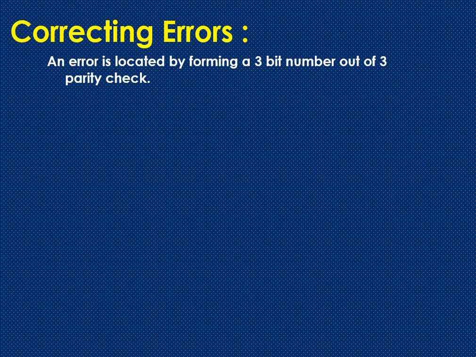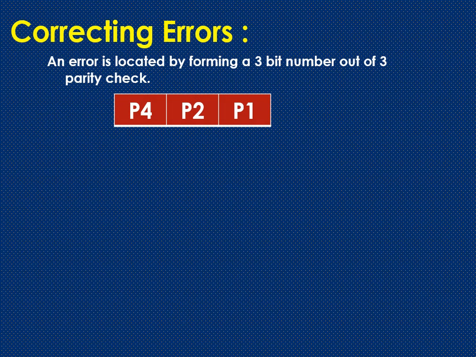Let us take finding P1. We need to check the parity of P1, D3, D5 and D7. So the P1 parity is found by using the D3, D5, D7 bits.